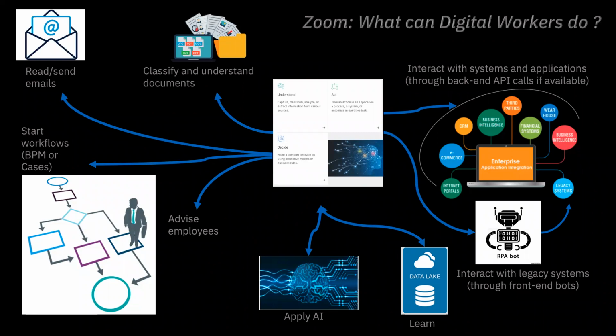The fact of reading emails, extracting the attachments, knowing that when it's a PDF, I will be sending it to the capture engine to extract data or index the content. Depending on if I find this and that terminology, then I will send it to that department and create a case to assign to a specific someone or to a bot actually. Start workflows, as we said, and create tasks for specific people or departments.